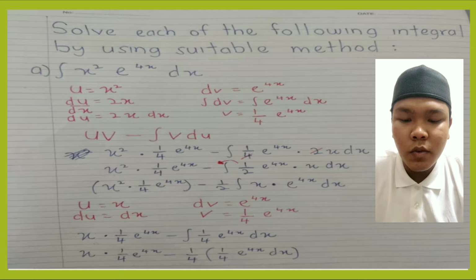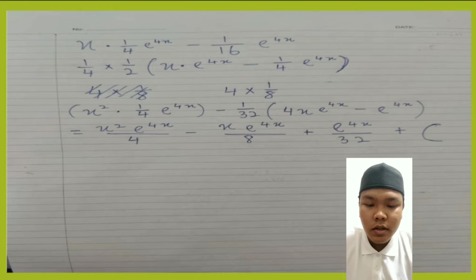For the first step, enter the values that have been found into the formula to get the first equation. Next, find the new values from the first equation to be used in the second round of integration by parts using the same formula. Then take 1 over 4 multiplied by 1 over 2 of the first equation to get the third equation.